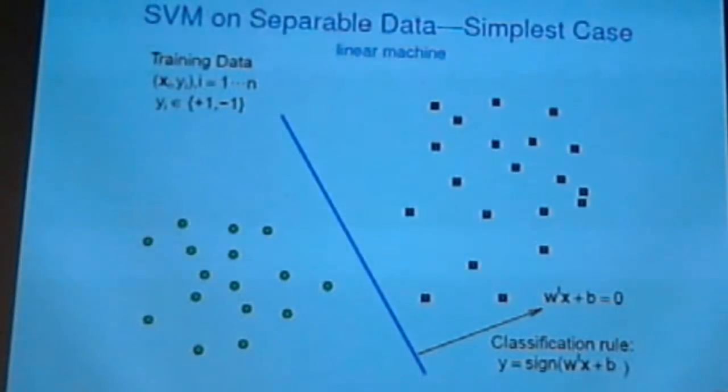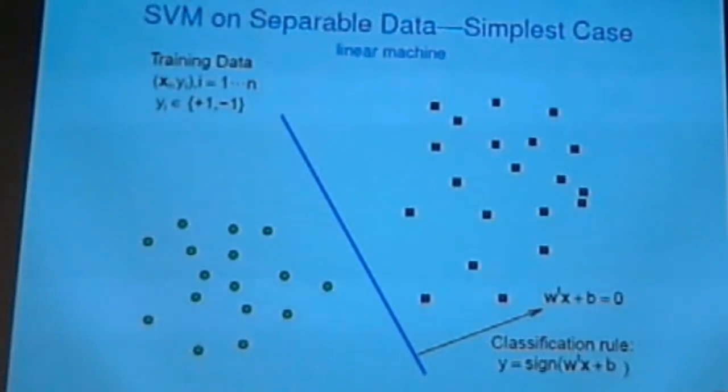Well, let's start with the simplest case where data are separable. The two classes are completely separable, which is too good to be true, right? So here, this is a linear machine. Basically, that's the original generalized portrait algorithm, because now you can move this into a nonlinear result.